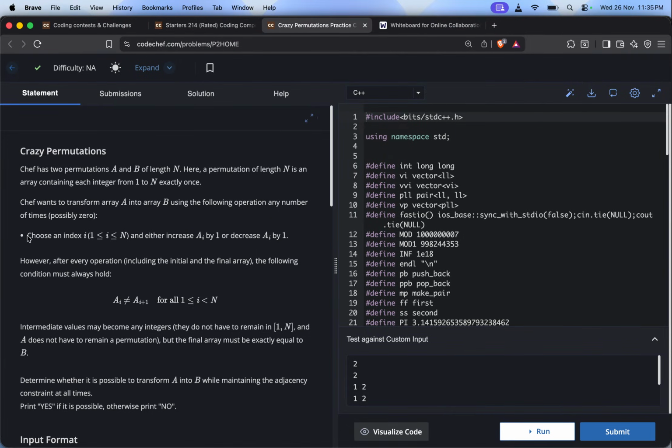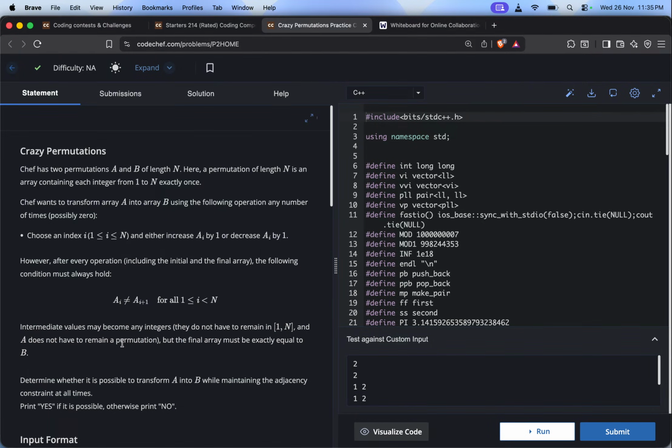What is the operation? Choose an index i and either increase A_i by 1 or decrease A_i by 1. However, after every operation, the following condition must never hold: any two neighboring elements, A_i and A_{i+1}, should not be equal.